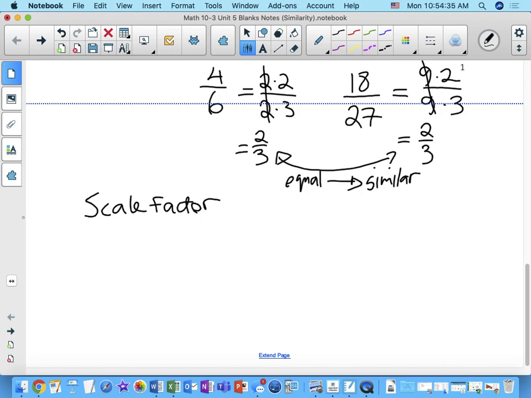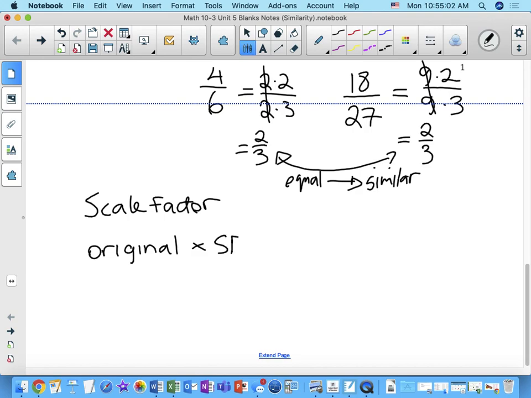Some of you, at least one person in this class, has told me that they want to be an architect. So if you think of an architect building a model of a building, the actual thing is going to be the skyscraper, and the model is going to be the scaled version. Does that make sense?